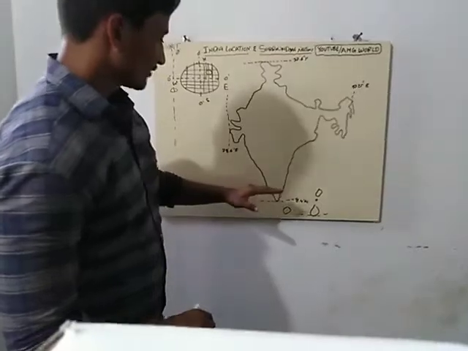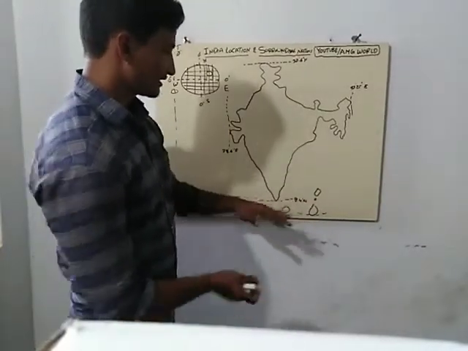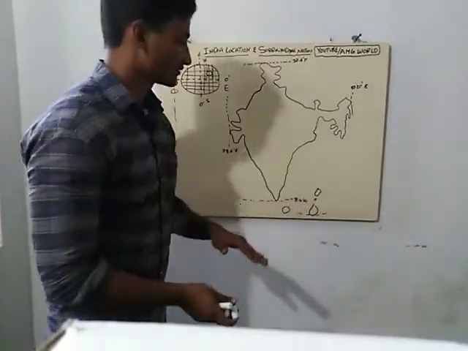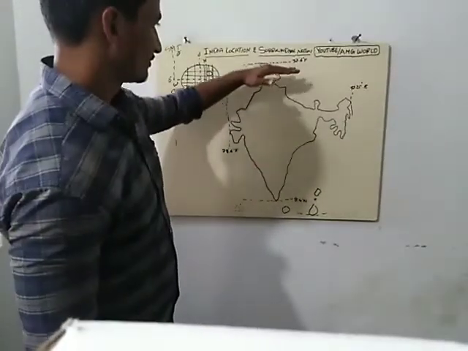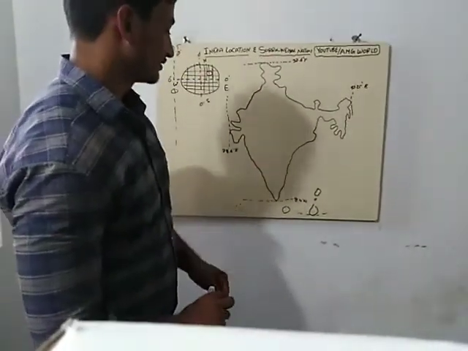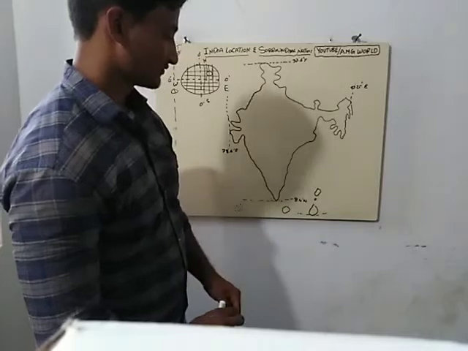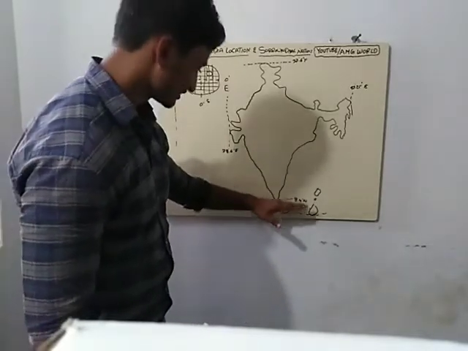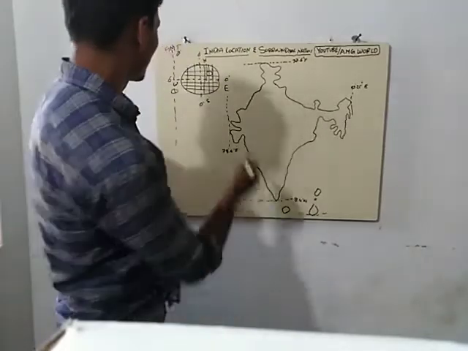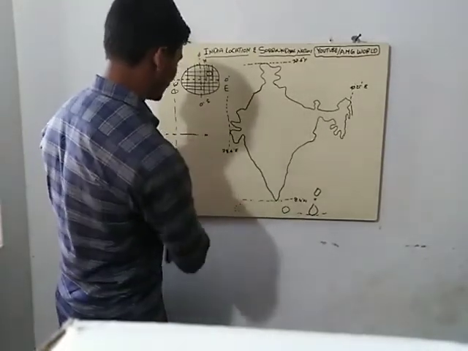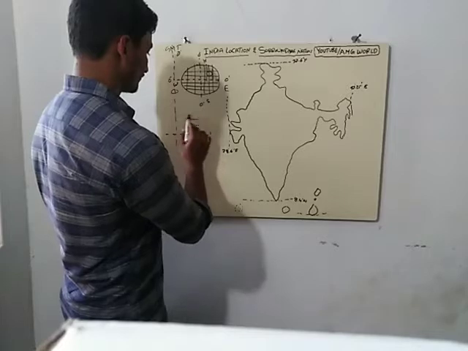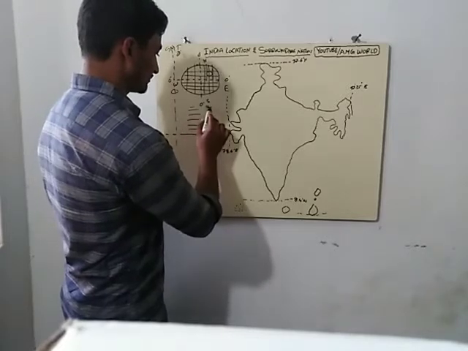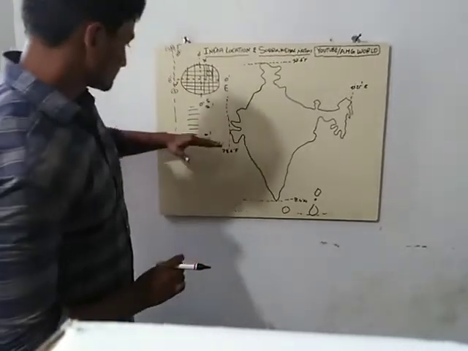How can we say that India is present in the northern hemisphere? Just by seeing the latitudes. This one is 8 degrees 4 minutes, which means 8 degrees of latitude lie below this. We have 0 degrees, the equator, here, and then 1, 2, 3, 4, 5, 6, up to 8.4, so India's location comes north of the equator.